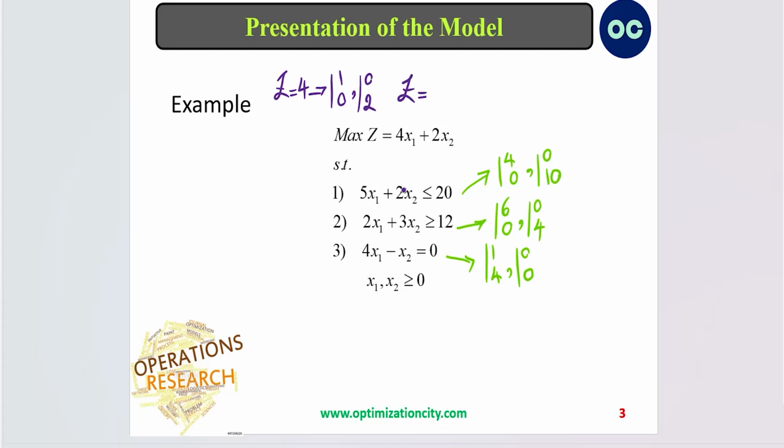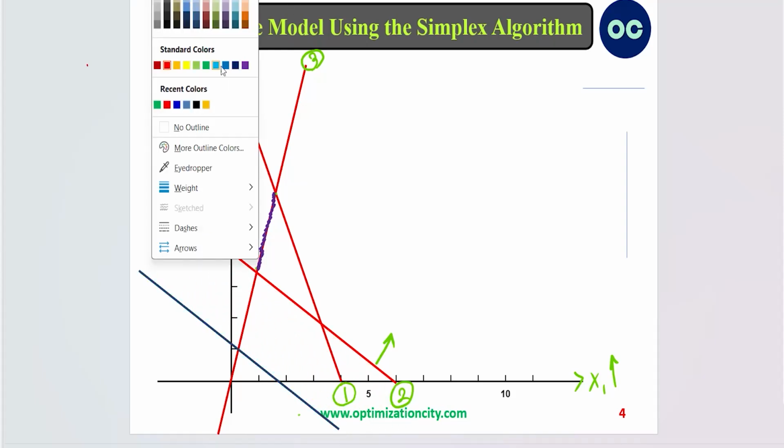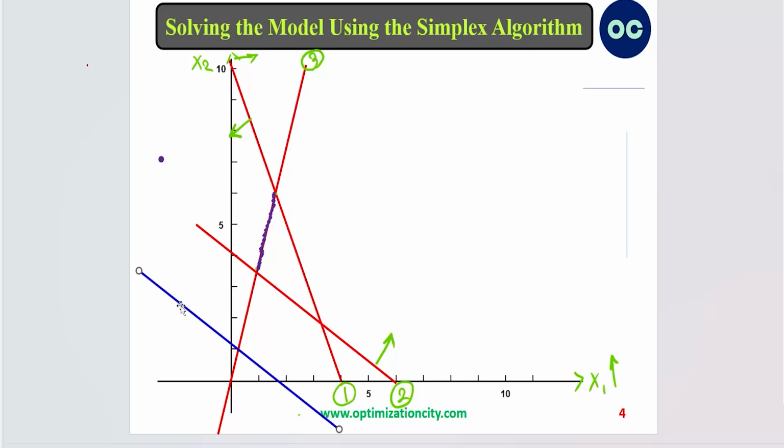And Z is equal to 8: we have 2, 0, and 0, 4.